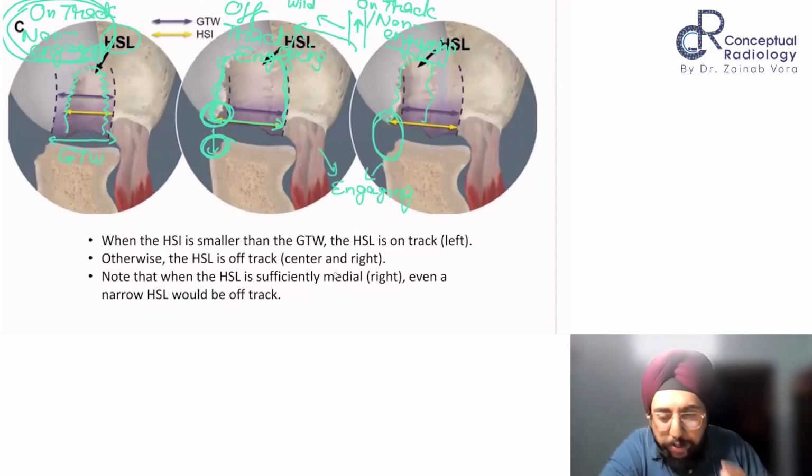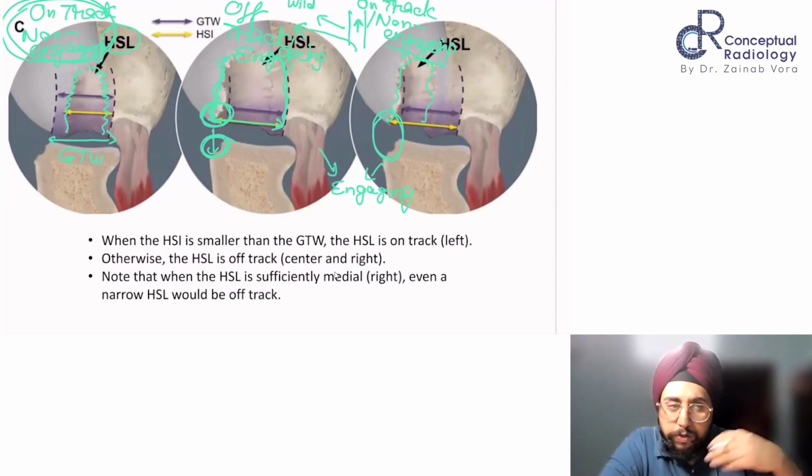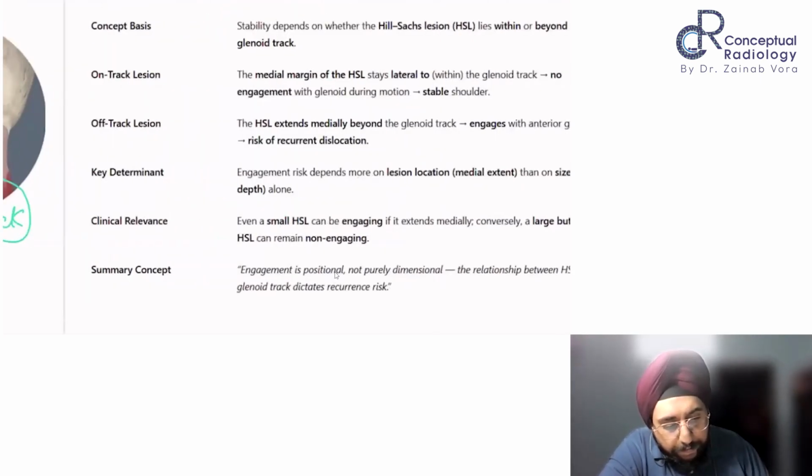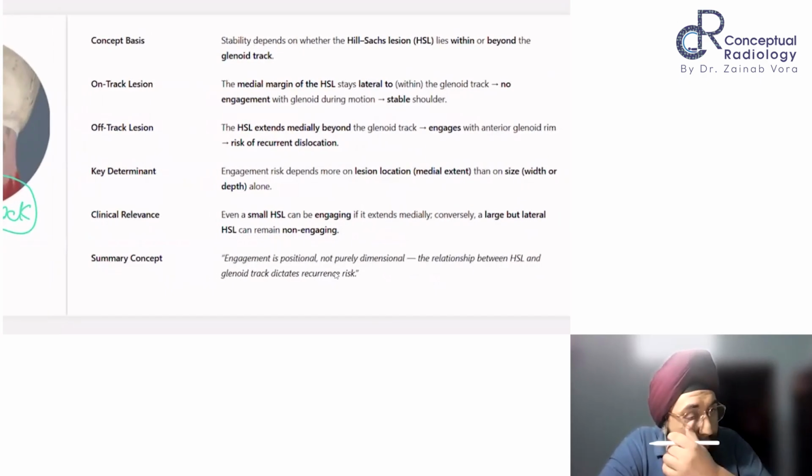So off-track, you can either drive a truck or you can take the bicycle out of the way. Both of them you will engage with the wild animals. So engaging lesion slash off-track. This is non-engaging on-track. Now, why is this important?